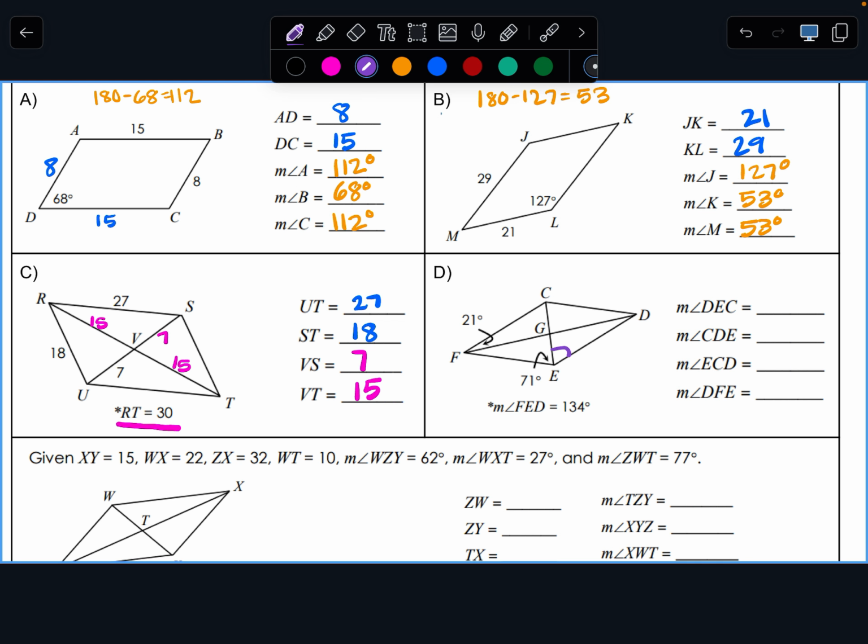We're given that FED, this whole thing, is 134, and that other side is 71. So 134 minus 71 is what DEC is going to be. 63 degrees.